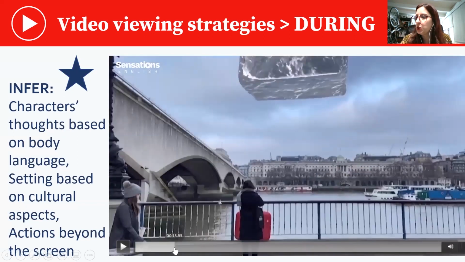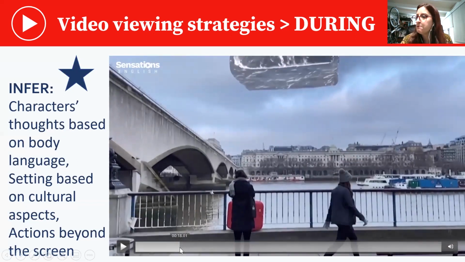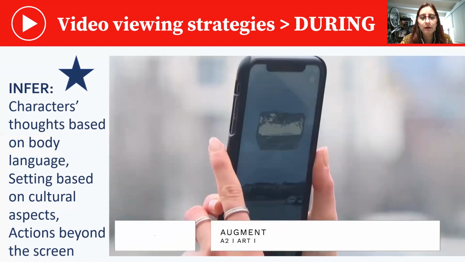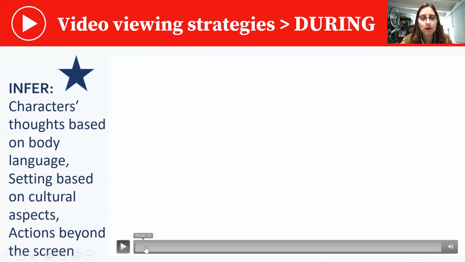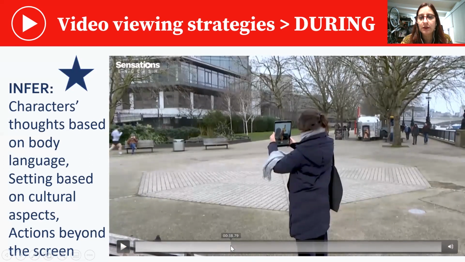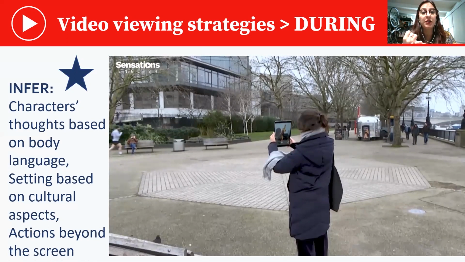And what I want you to do is, I want you to tell me if you can identify where this is, what city this is. So some of the things we can infer are characters' thoughts based on body language, so we can link verbal and non-verbal communication.